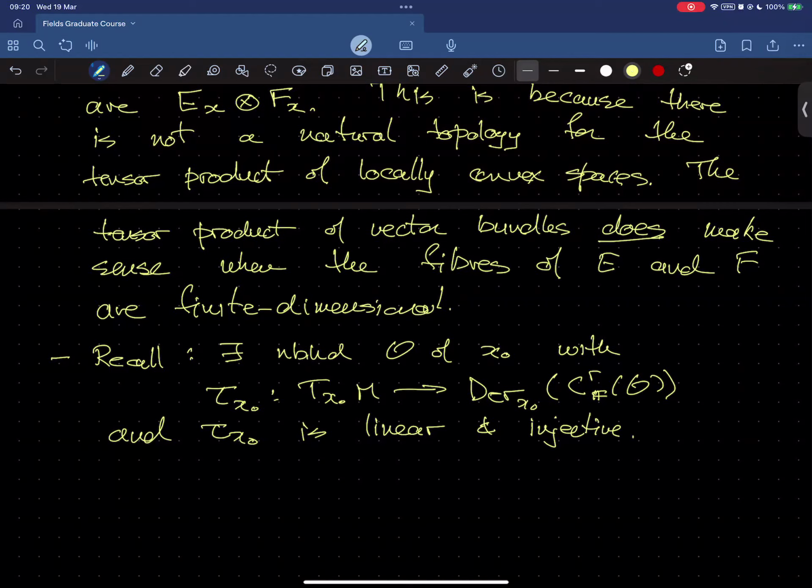All right, so some questions and some answers. So tau x naught is not generally surjective.